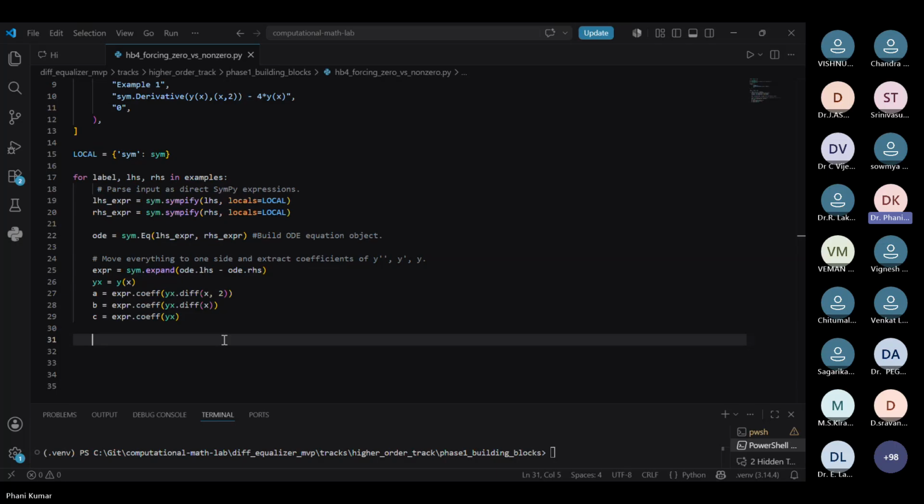My first motto is to find the complementary part. How do we find the complementary part in our regular class? Whenever we have a differential equation, let it be y double dash of x plus 2 into y dash of x plus y of x is equal to 0 when it is homogeneous, is equal to some e power x when it is non-homogeneous.